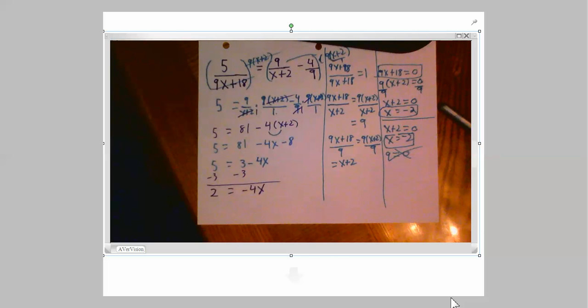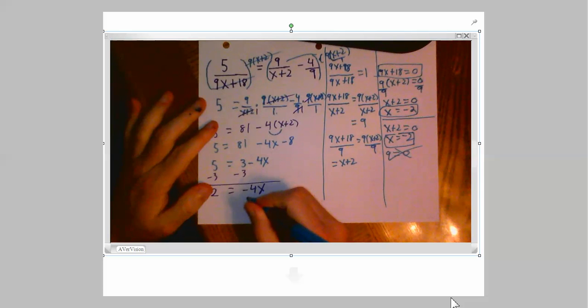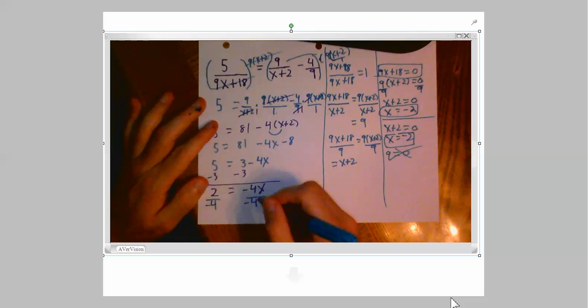Now what I'm going to do is divide both sides by negative 4. And I don't have to worry about parentheses, of course, because there's only one term on each side. So I'll divide by negative 4 here, and I'll divide by negative 4. Dividing the right-hand side by negative 4, because this is negative 4 times x, allows me to cancel.